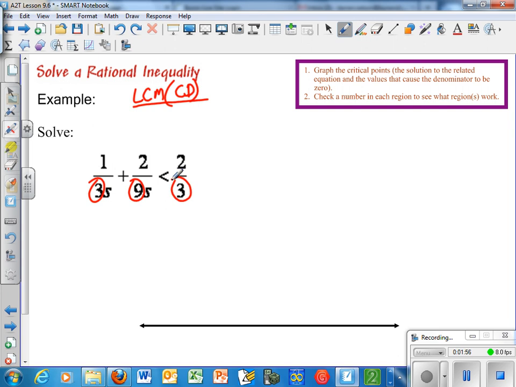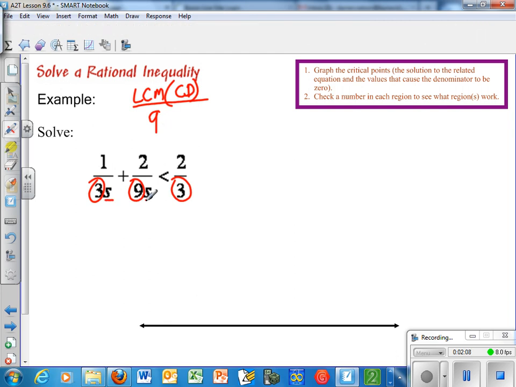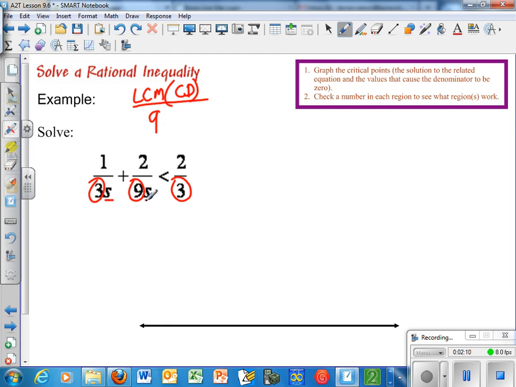I would start with the big one, 9. 3 does go into 9, so I'm going to need a 9 in my LCM, because 9 would be 3 squared. Notice I have s and s. S to the first, I take the bigger exponent, well that's s. I want to multiply by the lowest common multiple of those so that denominators will cancel out. So here's what we have. We're going to multiply everything by 9s.